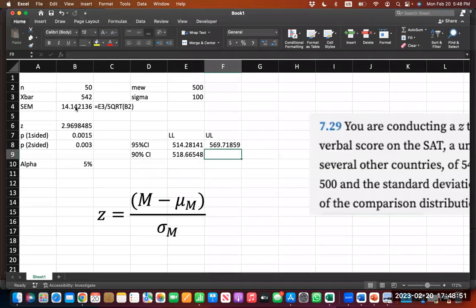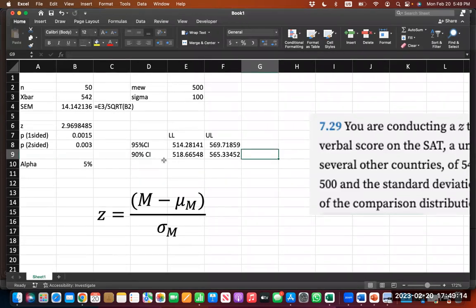So that's 1.65 if you remember. The same would be here, plus 1.65 multiplied by the standard error of the mean, 565. So it is a narrower range because you are actually less confident that you're going to contain your standard error of the mean.